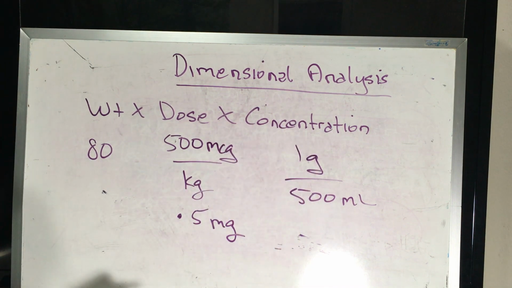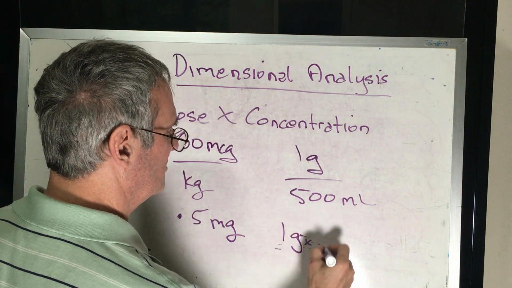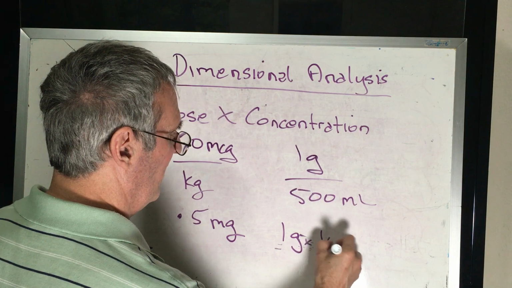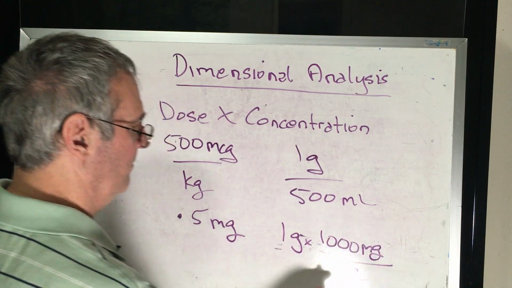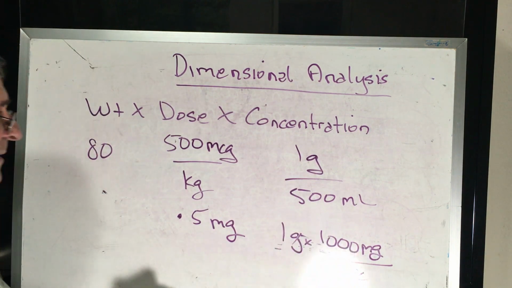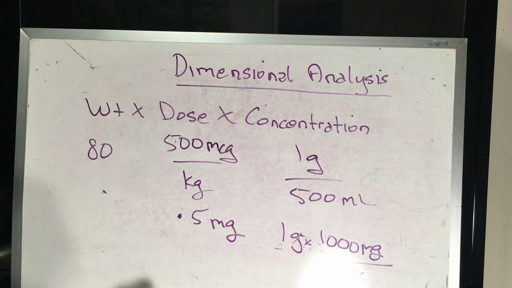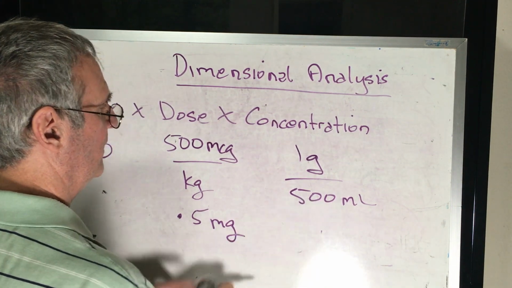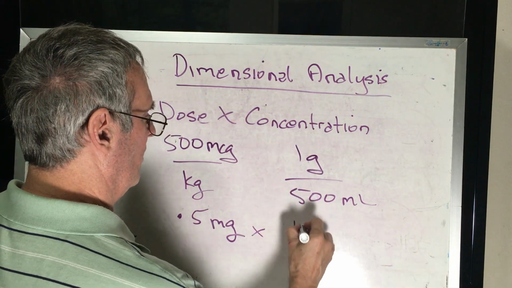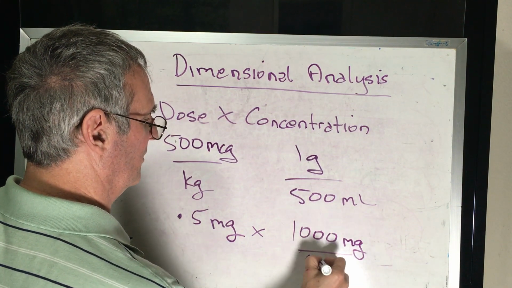Now, let's change the grams to milligrams. I have 1 gram times 1,000 milligrams per gram. The grams cancel out, and that leaves me with 1,000 milligrams per 500. Okay? So I can do 1,000 milligrams per 500 milliliters.